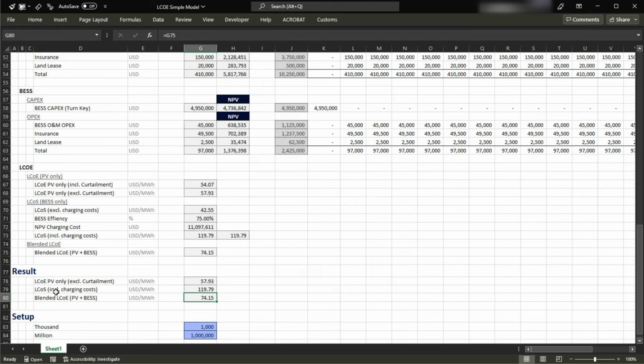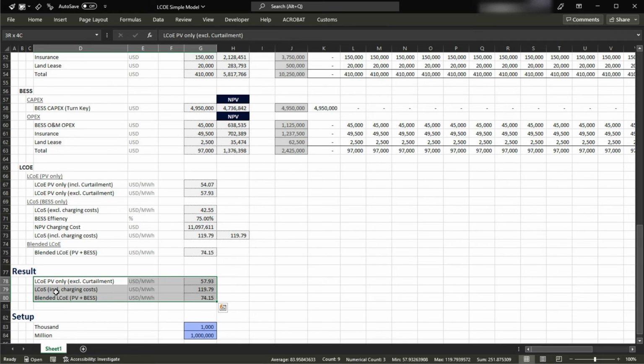So these are the three LCOEs that we calculated today. You can see how they differ, what the real LCOE of PV is to the client if we were to have curtailment, what the LCOS including charging costs is, and what the blended LCOE is.